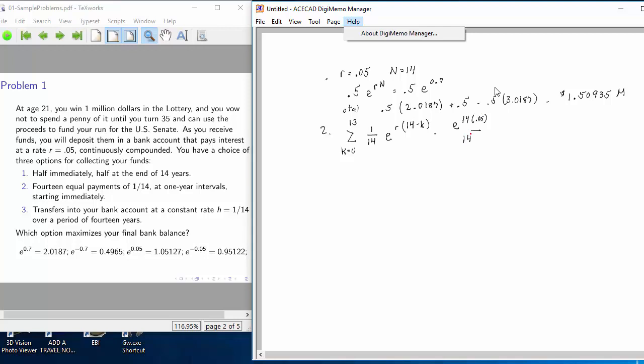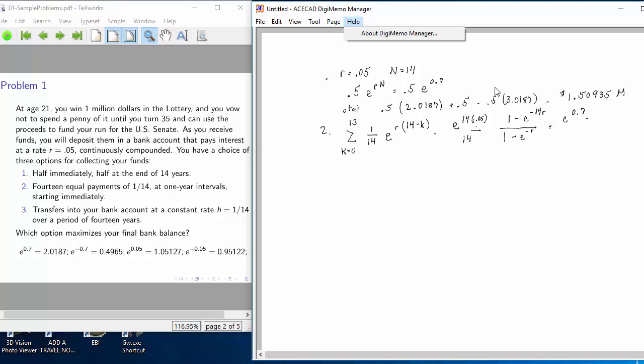It's a geometric series with a ratio of e to the minus r. And the sum of that series, if it were summed all the way to infinity, we'd have 1 minus e to the minus r. But since we're summing only up through k equals 13, we have in the numerator 1 minus e to the minus 14r. This times 1 is e to the 0.7.